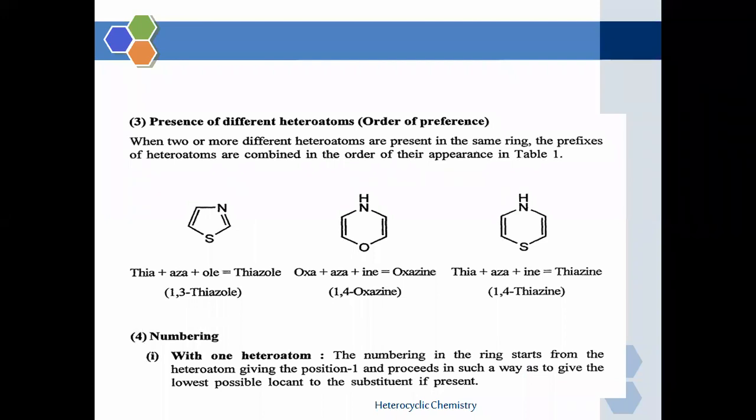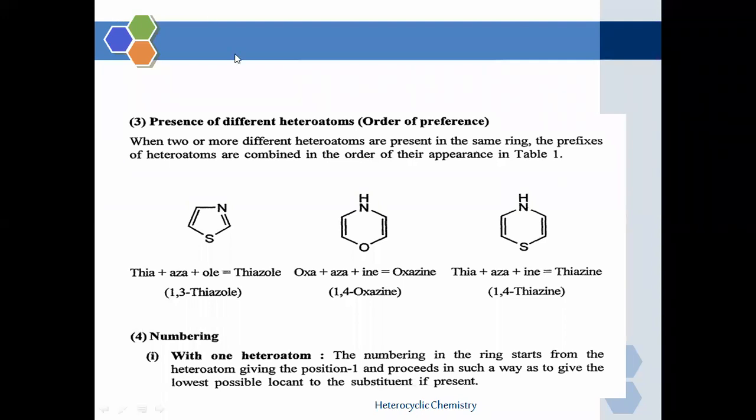Rule number 2 will give the information about the presence of multiple nitrogen atoms, the same heteroatoms in the ring.